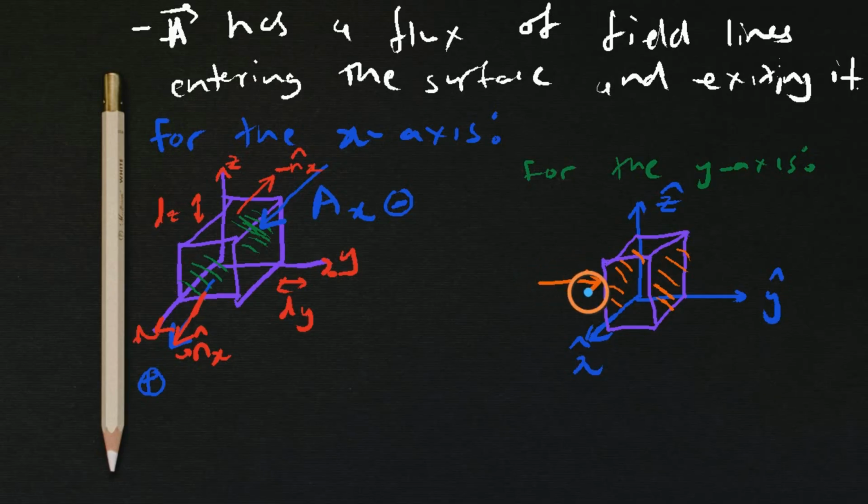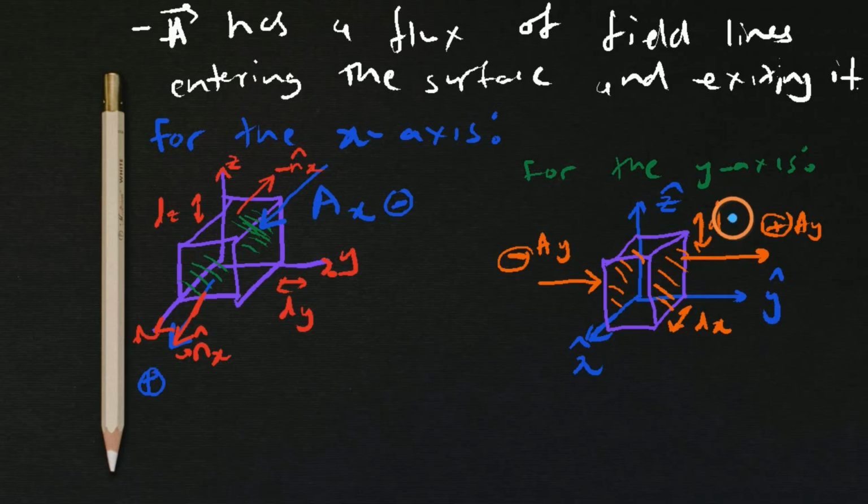So the vector A penetrates from the negative A_y side, or n_y negative direction, and then exits on the positive A_y direction. So we've got that positive one, and we also indicate negative and positive, and we then notice that the area which this flux of field lines affects is the dx and the dz components of this particular area.